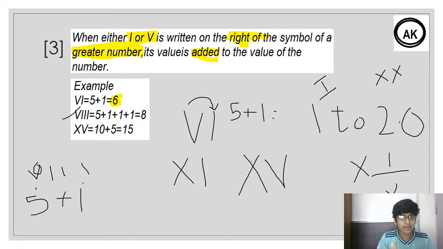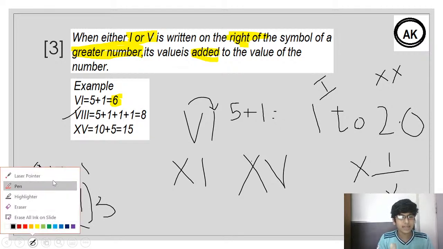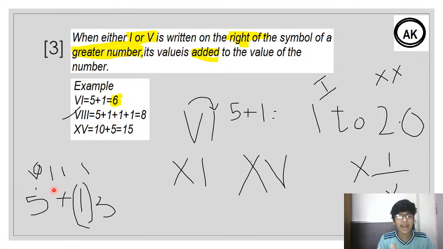I am writing I 3 times, which means multiplied by 3. So this statement tells us that we need to add V with 3 I's. See, 5 plus 1 plus 1 plus 1. Understanding? If the right value is lesser than the left value, the number gets added. So 5 plus 3 is nothing but 8.